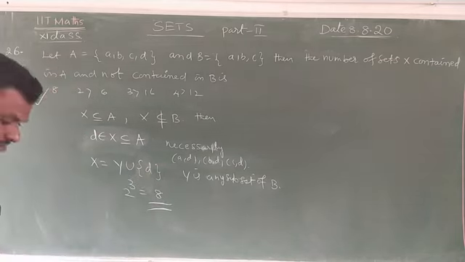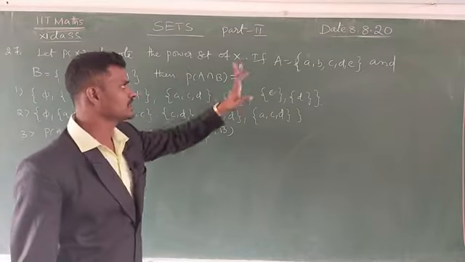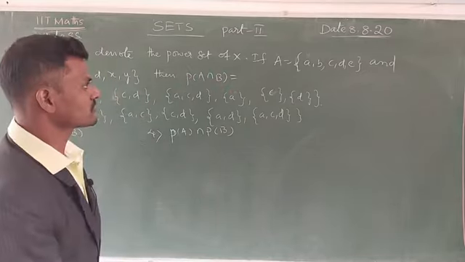Next problem 27. Let P(X) denote the power set of X. If A is equal to {a, b, c, d, e} and B is equal to {a, c, d, x, y}, then P(A intersection B). First you can find A intersection B. Here what is the value of A?